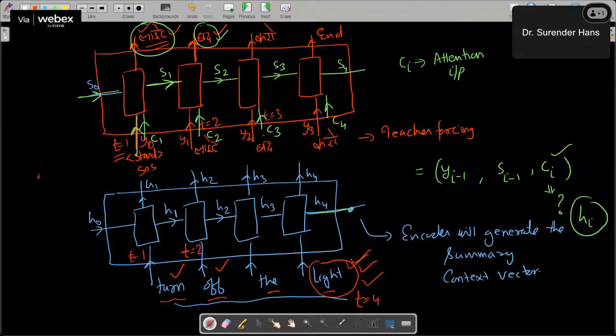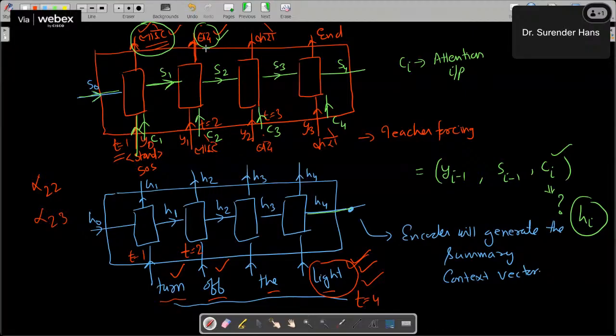Alpha 22 tells how much the role of the t equal to 2 time step of the encoder is for the output of the decoder at t equal to 2.